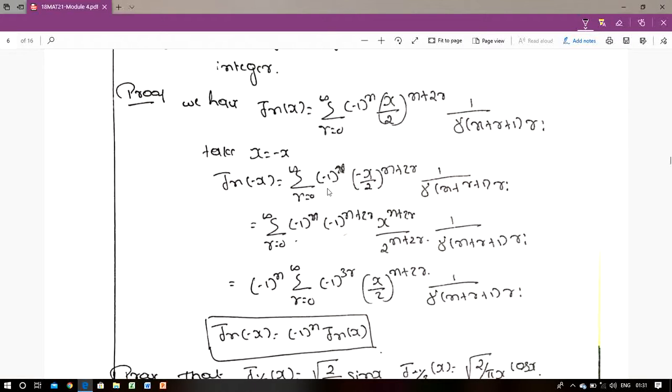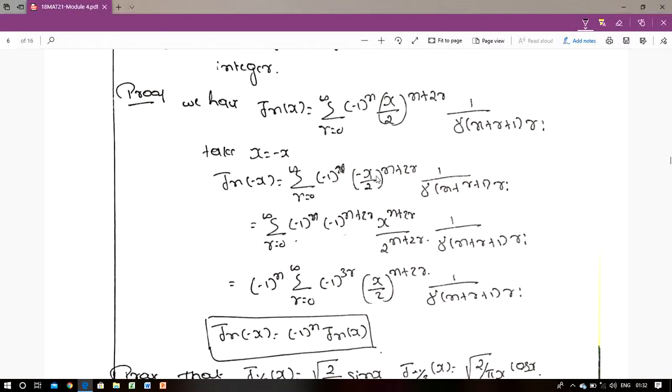Here we split minus into x by 2. For example, x to the power of a plus b can be written as x to the power of a into x to the power of b. Here also the same, so you can write it as (minus 1) to the power of n plus 2r into (x by 2) whole to the power of n plus 2r.